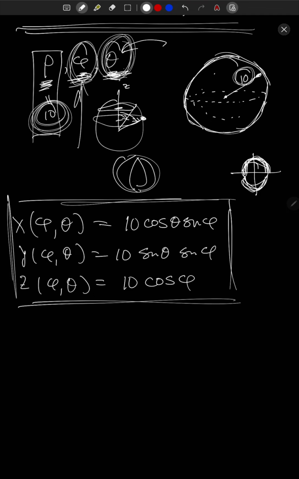If you're uncomfortable with it in terms of the formulas, and you think you might get confused between the xyzs and the phis and thetas, just convert everything to u's and v's. So this is 10 cos u sine v. Whatever you're comfortable with is fine. Of course, the ideal situation is to be comfortable in all situations.